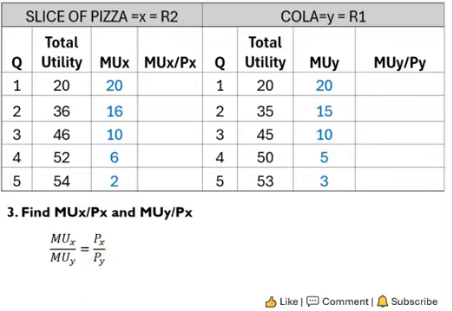And this can be rewritten as MUX divided by PX equals MUY divided by PY. So the next step, we are looking for MUX divided by PX.